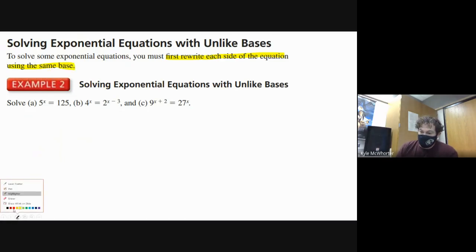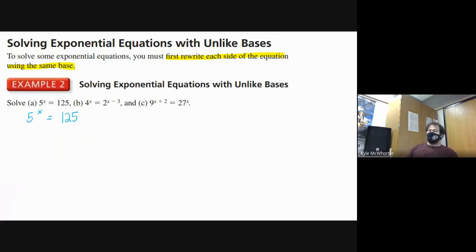So let's look at some of these. For this first one, 5 to the x equals 125. So I don't have 5 to the x equals 5 to the something, but I can rewrite 125 as a power of 5. This goes back, remember the little list of numbers we made with the powers?